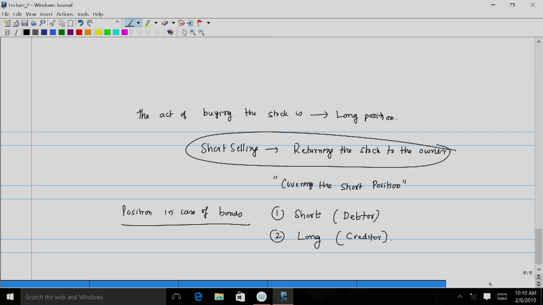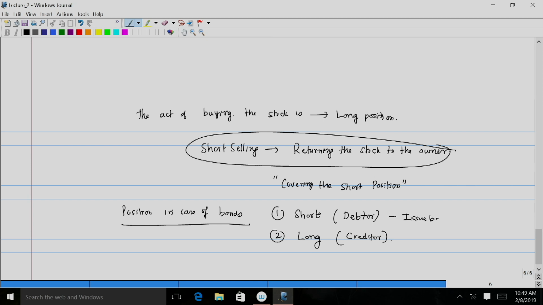The person in the short position is the debtor, because they have borrowed a certain amount of money and issued you a bond, and the party which has lent out the money to the debtor is said to have a long position. So, if you want to go into a short position in case of a bond, all you have to do is issue bonds, and a long position means that you buy bonds.